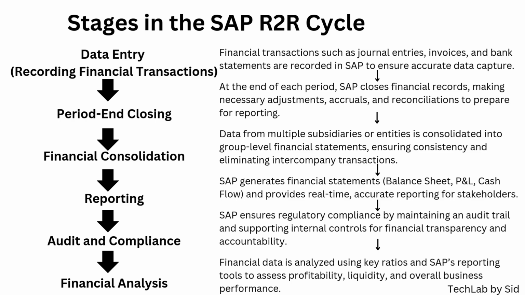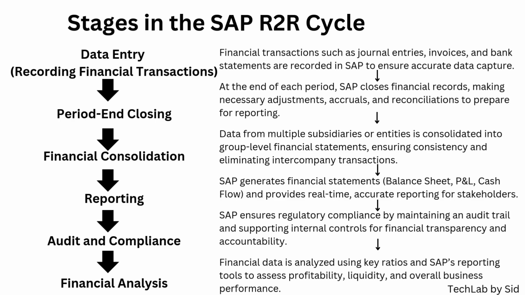During the period end closing, SAP makes necessary adjustments, accruals, and reconciliations to finalize financial records for the period. Next, financial consolidation takes place, where data from multiple subsidiaries or entities is consolidated into group-level financial statements, ensuring consistency and eliminating intercompany transactions.